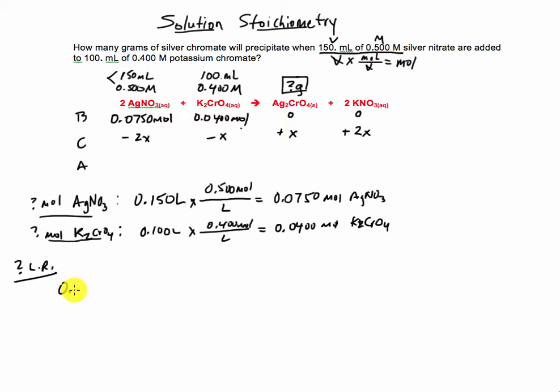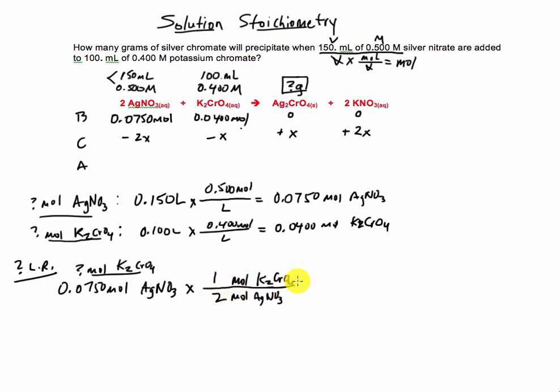So I'm going to start with the silver nitrate, 0.0750 moles, and I always convert to what I think is the excess reactant. So I'm going to convert to the moles of potassium chromate. It's a 2-to-1 ratio, moles of silver nitrate on the bottom, moles of potassium chromate on the top, a 1-to-2 ratio.